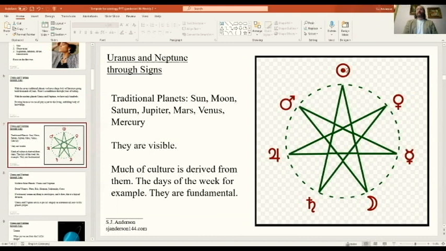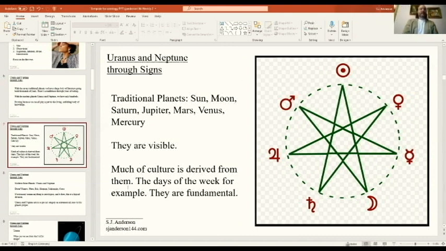You can see you just place them in what we call Chaldean order, and then you can draw lines and connect them in such a way that you have Sunday is Sun Day, Moon Day, Tuesday is Mars Day, Wednesday is Mercury Day, Thursday is Jupiter Day, Friday is Venus Day, Saturday is Saturn Day, and then back to Sunday. And so even the calendar is using these 7 traditional planets. That's how embedded they are.